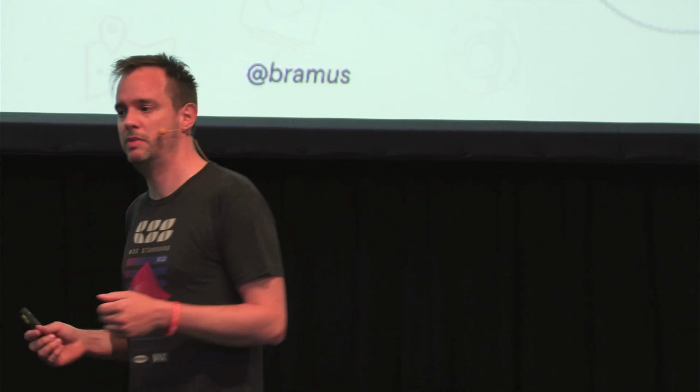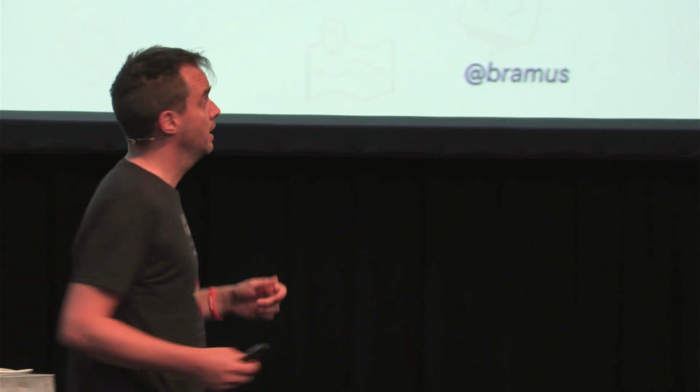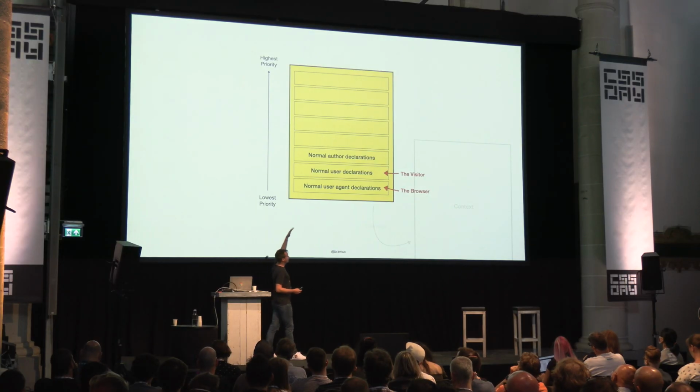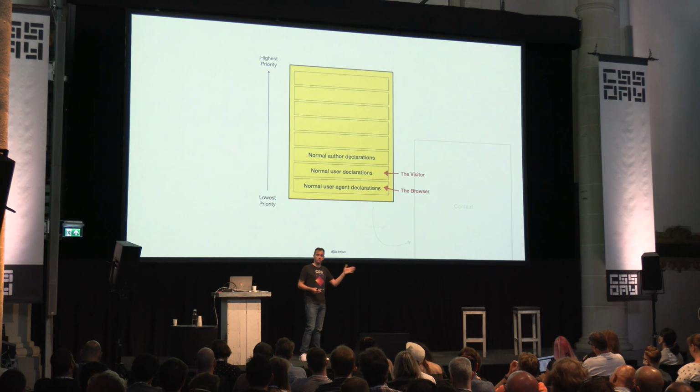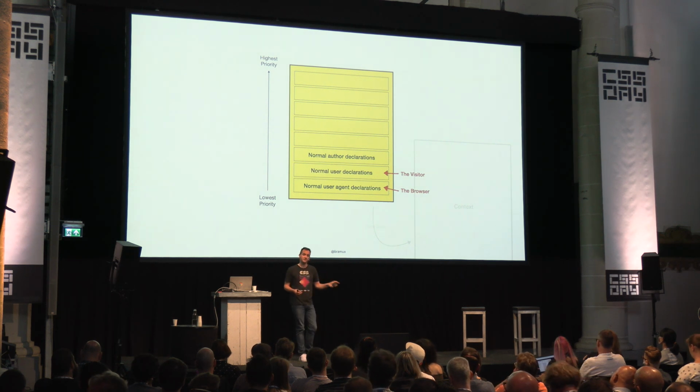Something that would go in there is, for example, a person who is visually impaired and says, hey, that 16 pixel font size, I want it to be bigger. I want it to be 32 pixels because I want everything on the website to be bigger. Well, that will go in there. And since it's part of an origin with a higher priority, it will win from the user agent style sheet. So it will be 32 pixels.